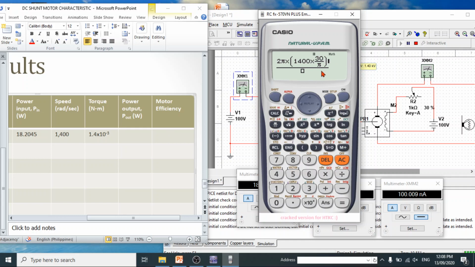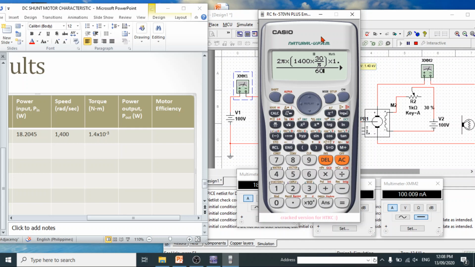So the torque is 1.4 milli, divided by 60. So that's 2 pi nt over 60. That's the same formula that we've used in the loaded characteristic of the DC generator.